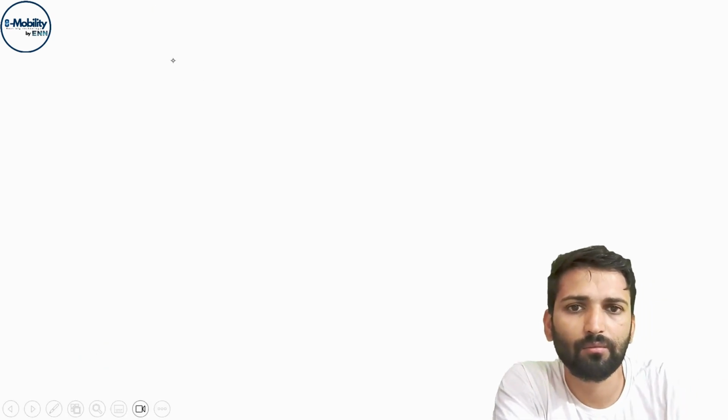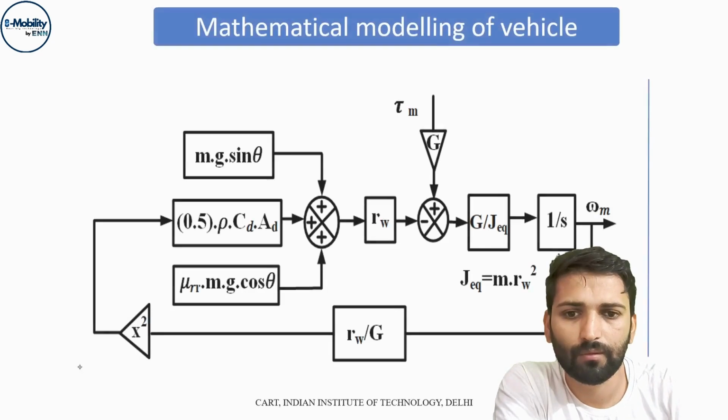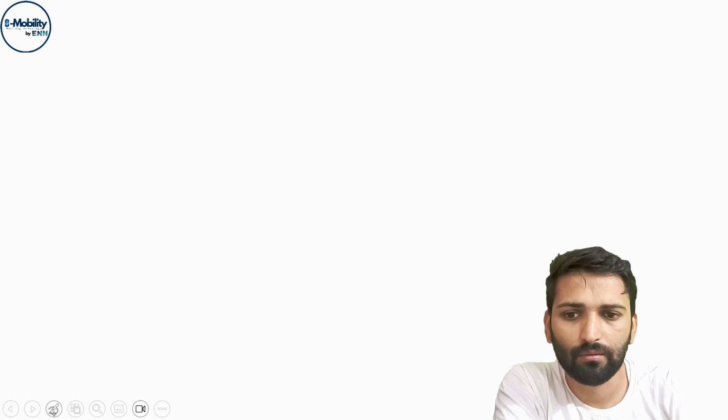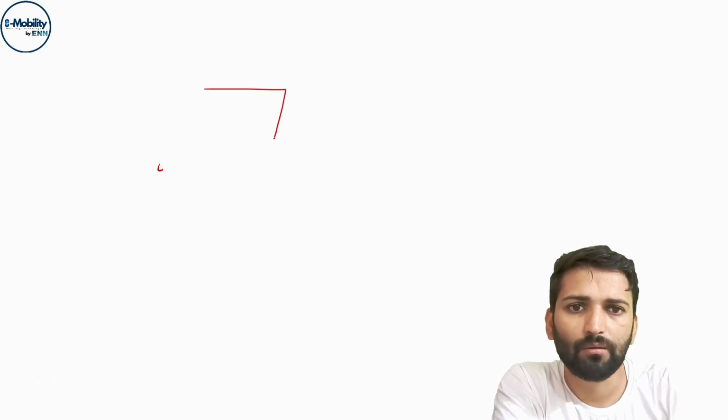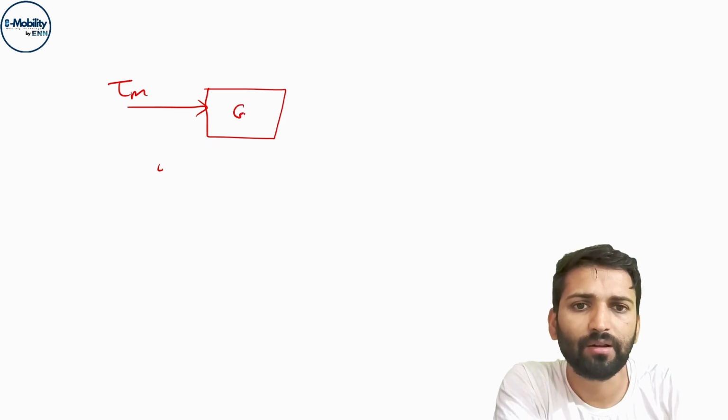To understand this, we can make an equivalent circuit. Here we can make a box where the actual torque generated by the motor is Tm, and this is the gear ratio.